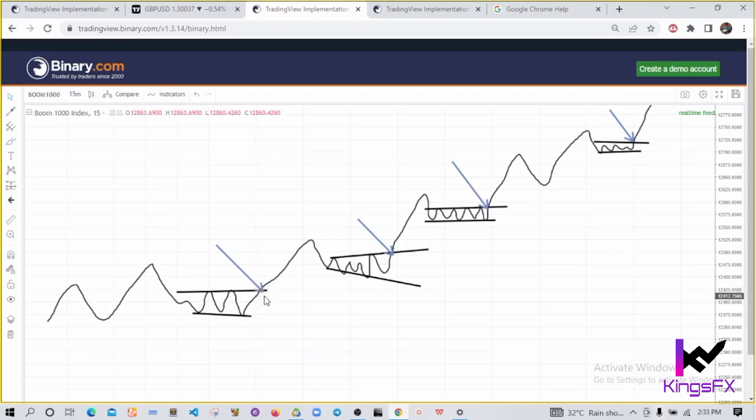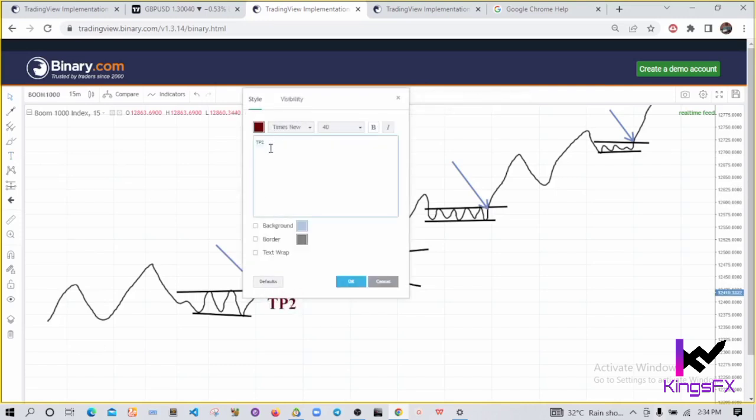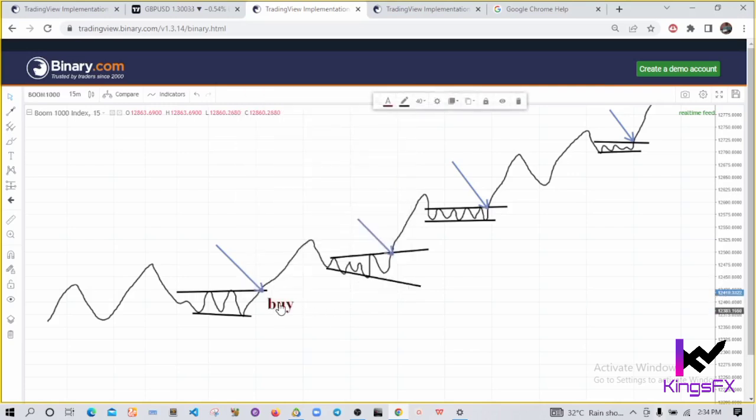So at this point is where we'll be buying, guys. Once it breaks out from this point, we are going to be buying at this point. You can see my arrow. We are buying there. Once the price breaks our resistance up there, we buy.